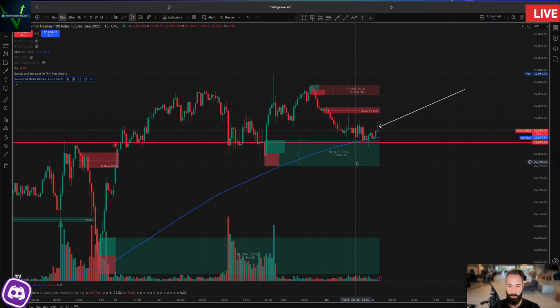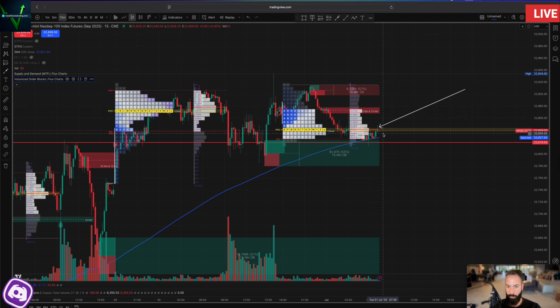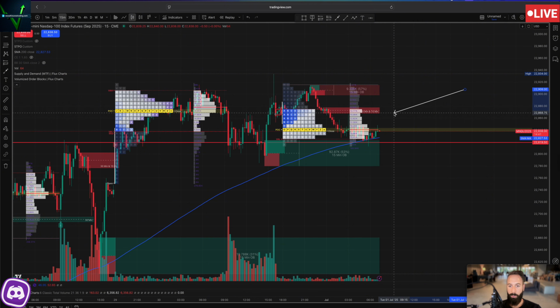I'm going to open the night profile, and we see that this red line that we marked is actually parallel to the low value area over here. And we have the high value area over here, which is parallel to this minor supply.